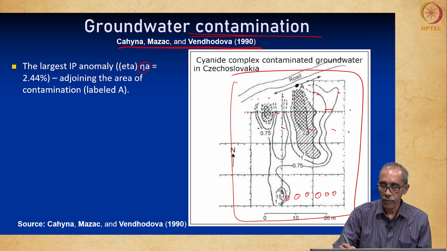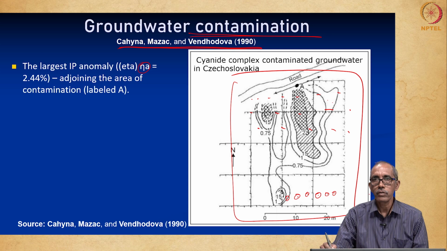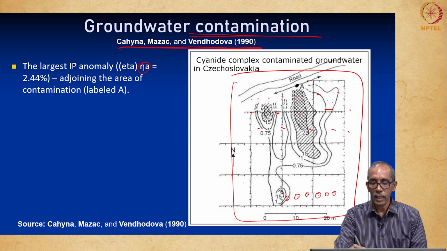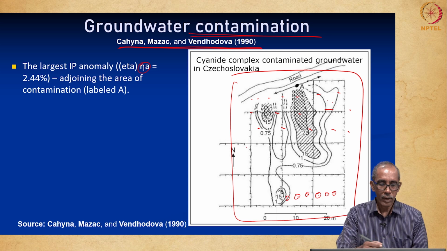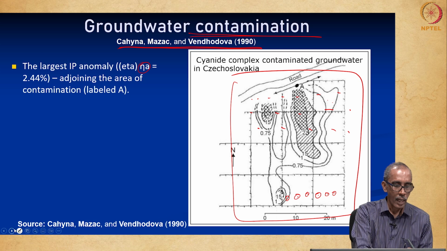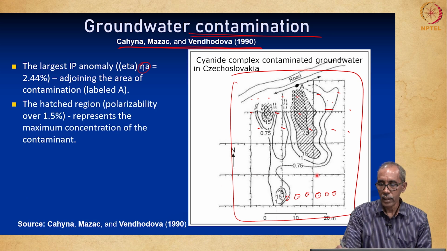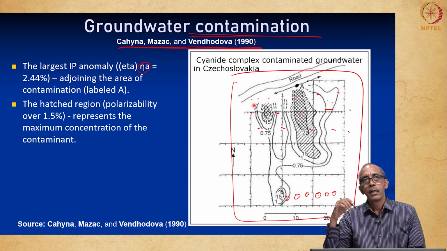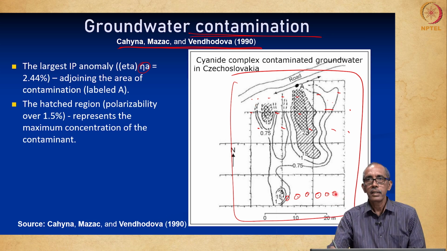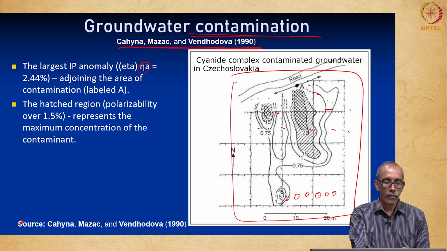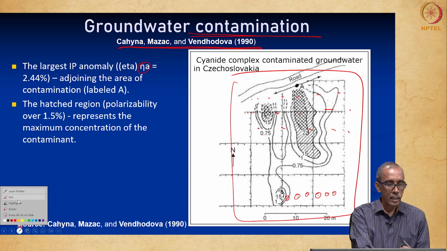Then we have interpolated the values which we have got over the entire area. That means here is the first station, second station, third, fourth, fifth and so on, for which they had carried out the interpretation.